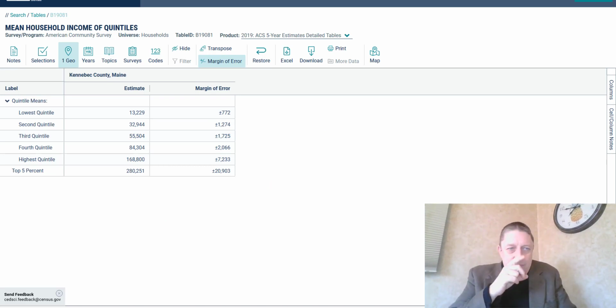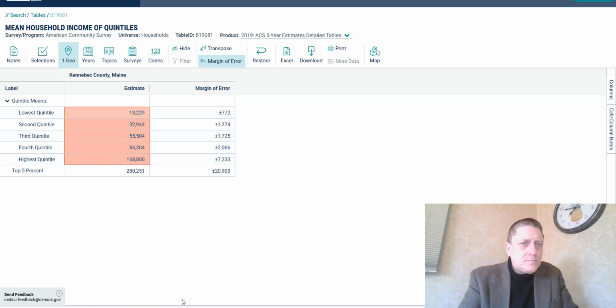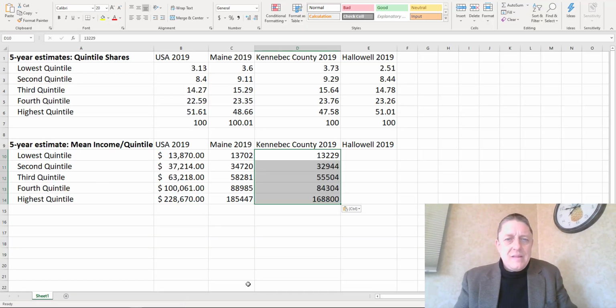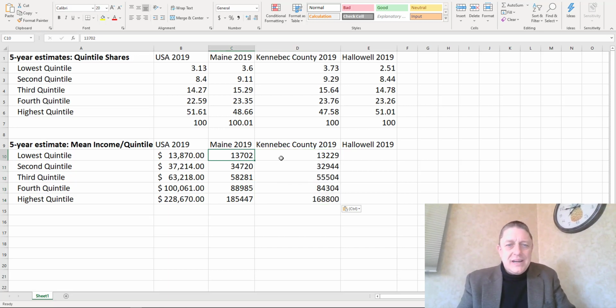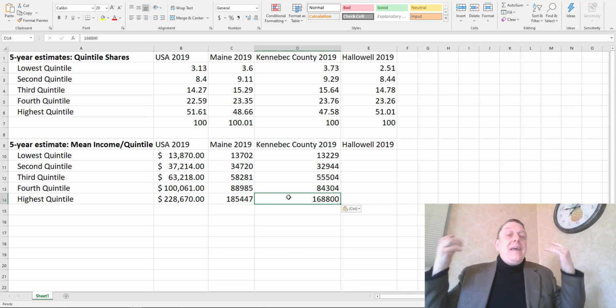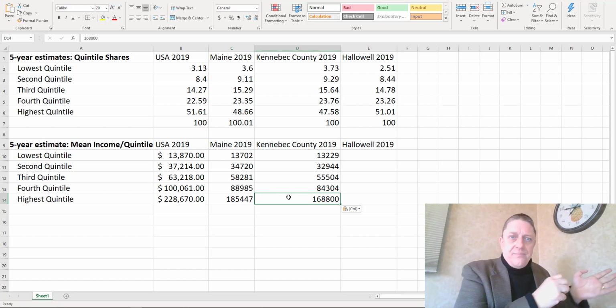And in Kennebec County, Maine, these are our estimates for the quintiles, the average income. Okay, so now notice that for the quintiles in Kennebec County, the lowest quintile, second quintile, third quintile, fourth quintile, and fifth quintile, each of them is earning less than in Maine overall.